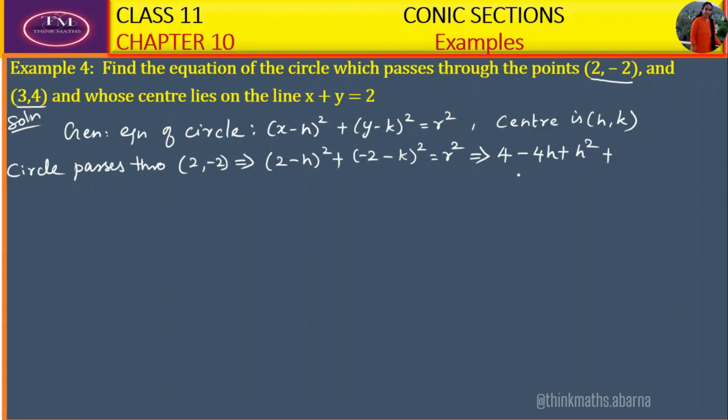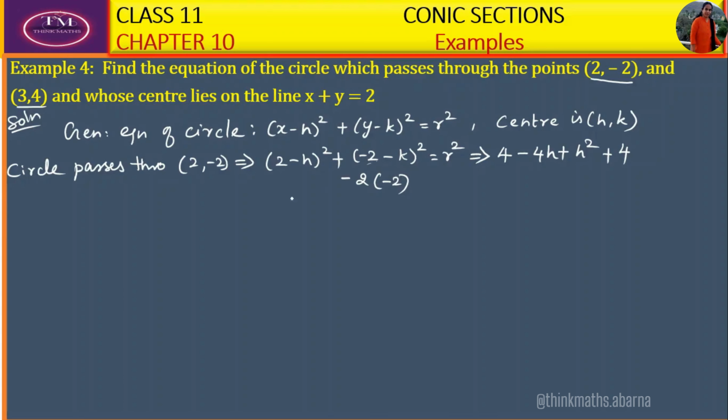Okay. Next, it is minus 2 minus k whole square. If we expand this, minus 2 whole square is also 4. Now if you multiply, minus of minus 2 is plus 2. So 2 into minus 2.